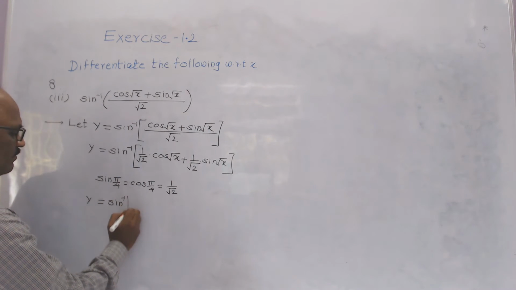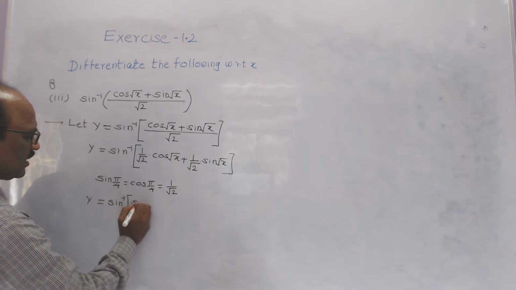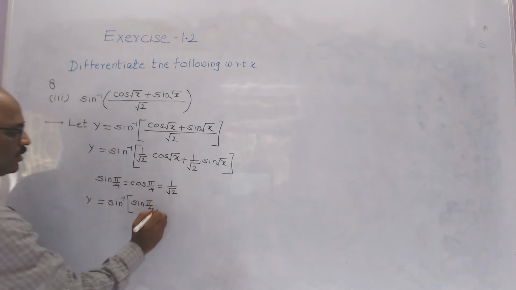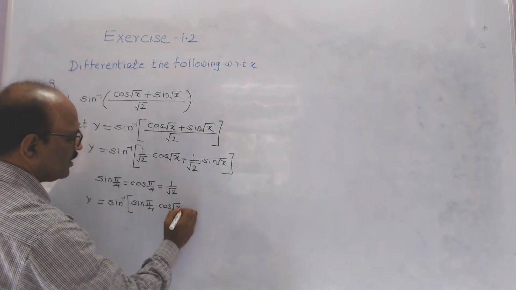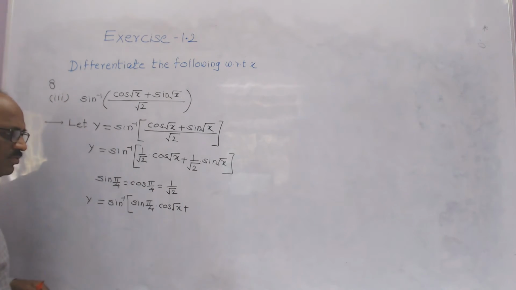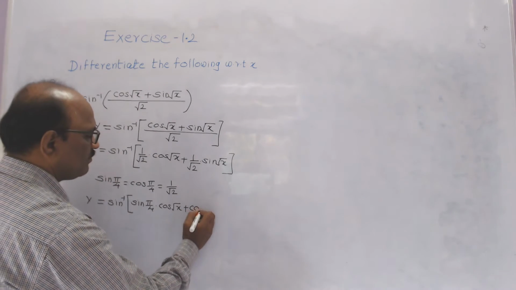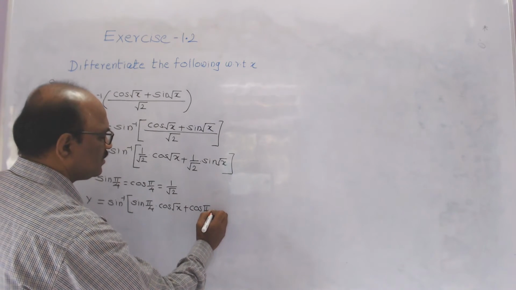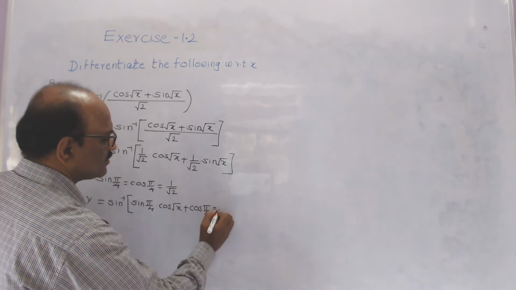sin inverse of, 1 by root 2 means what? Sin of pi by 4 cos of root x, and here 1 by root 2. Instead of that 1 by root 2, I will write here cos of pi by 4, and here again sine of root x.